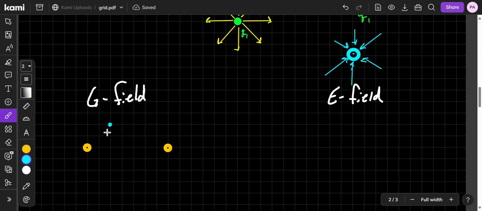What do you think the direction of motion of this particle would be? This is three massive particles, right? So this is going to experience a field in that direction, and it's going to experience a lesser pull in that direction. So from this point, what do you think would be the direction of the acceleration on this object right here?